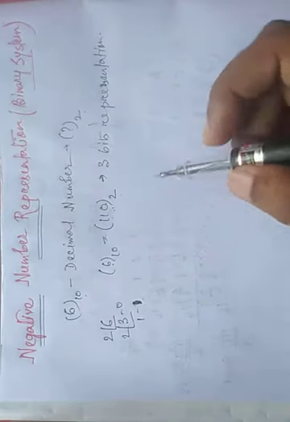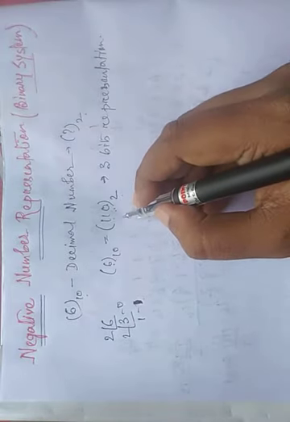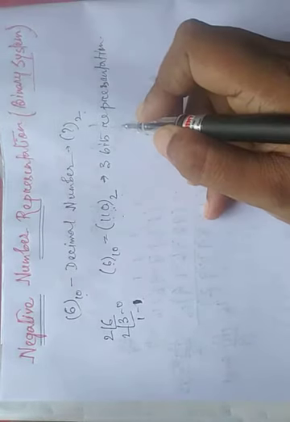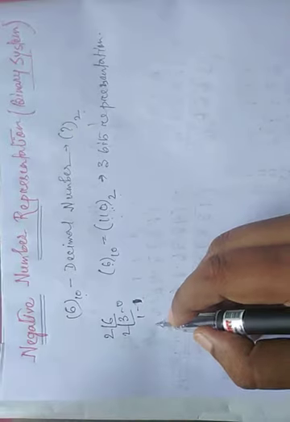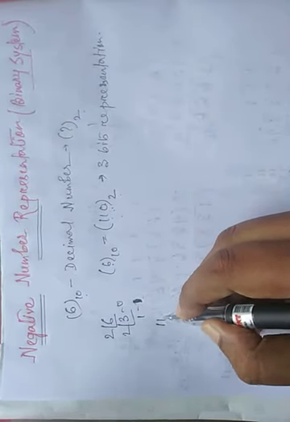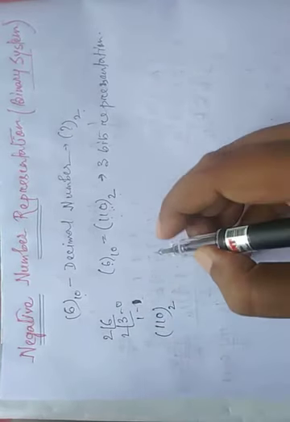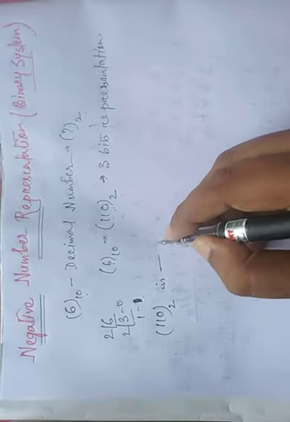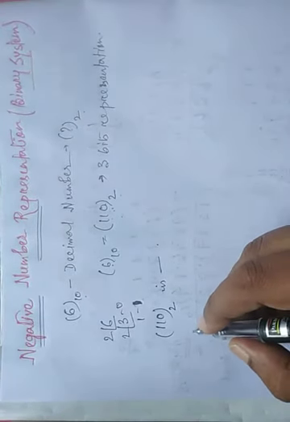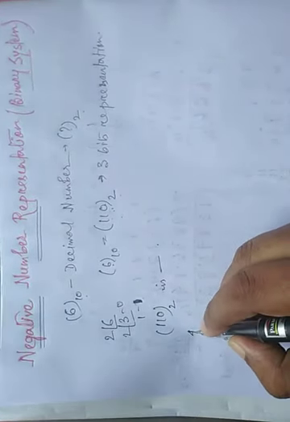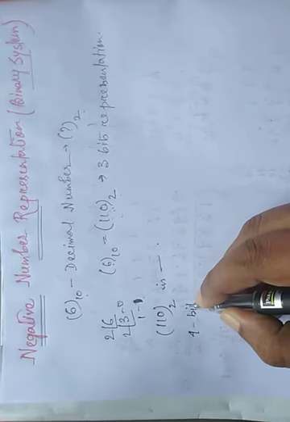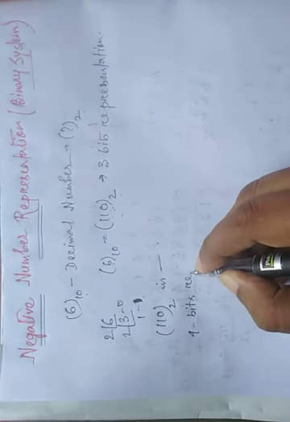Clear? But if we want this 110 in a different representation, let us see. Suppose at first we want to convert it into 4-bit representation.